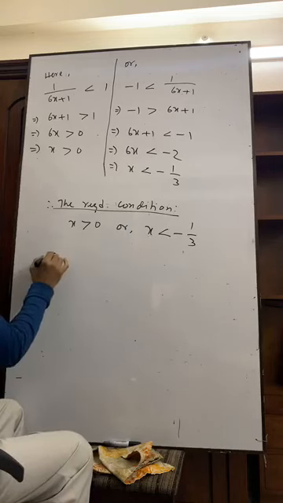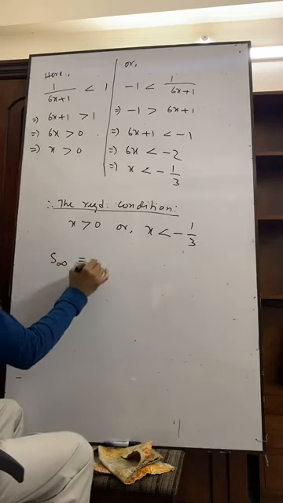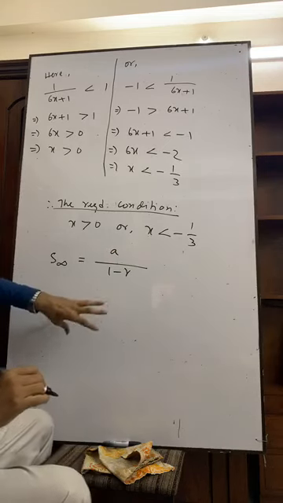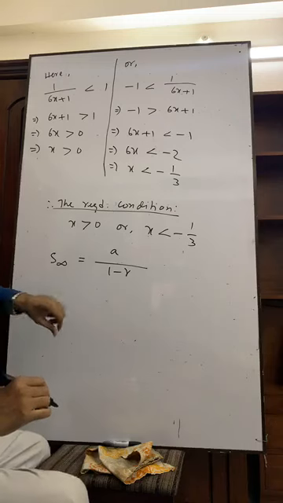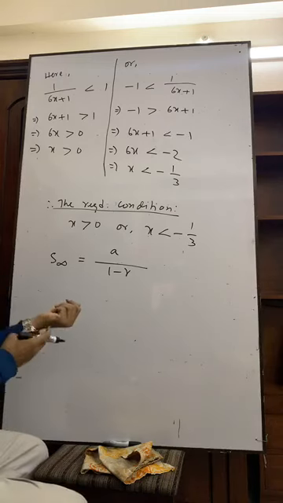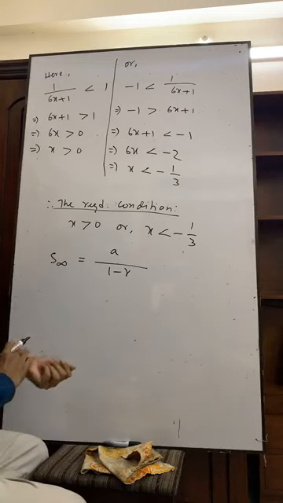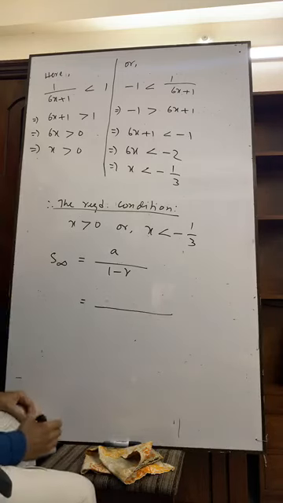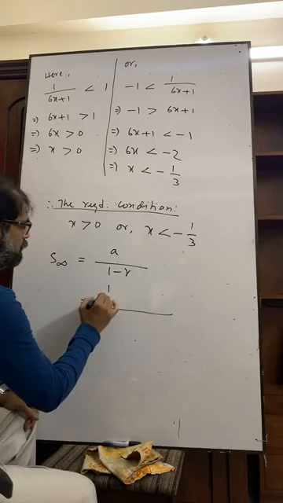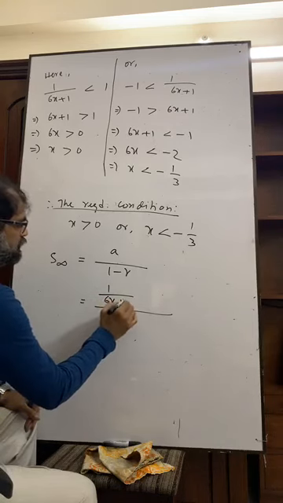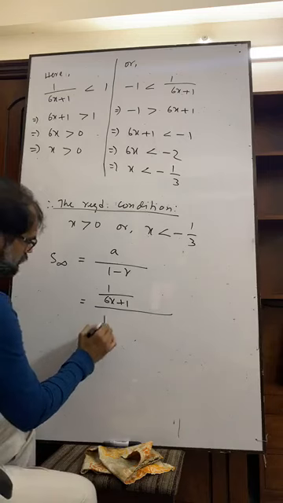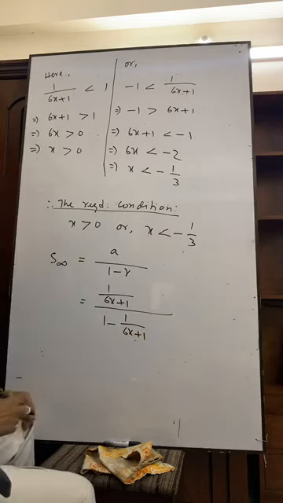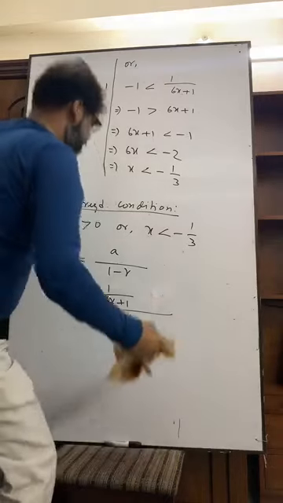We know S infinity equals a by 1 minus r. At first I tried my level best to make you understand how it comes that S infinity equals a by 1 minus r. What is a? a is 1 by 6x plus 1. What is r? Now you calculate, I know that you can.